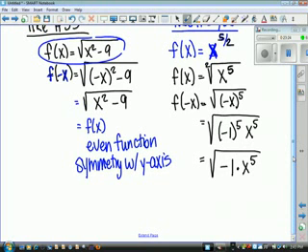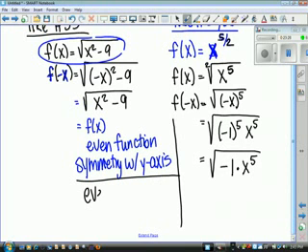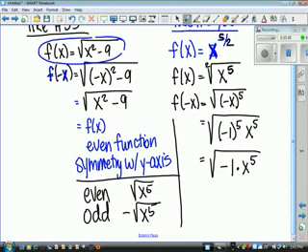So that's all you can do with it. For this to be even, you would have had to end up getting the square root of x to the 5th. Well, you didn't. For it to be odd, the negative would have had to be on the outside. You didn't get that either. So this is neither.